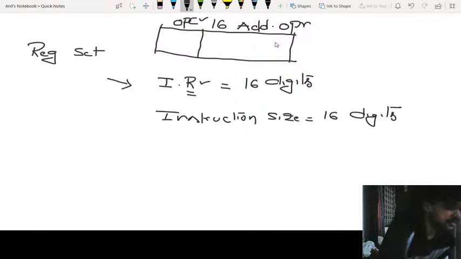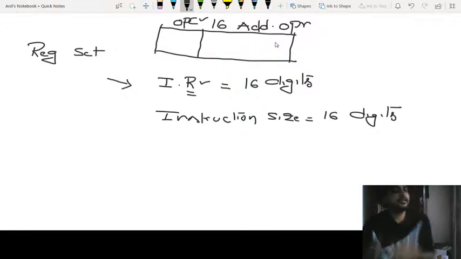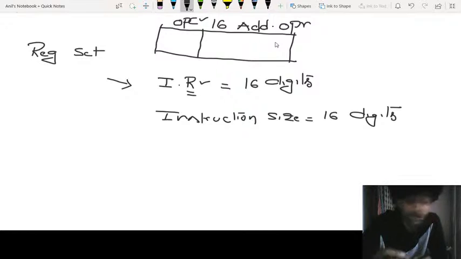Swati, Arjit, Lokesh, just answer me. Yes, good. So here, in the total instruction register, there is an opcode field, and this is going to contain an opcode.